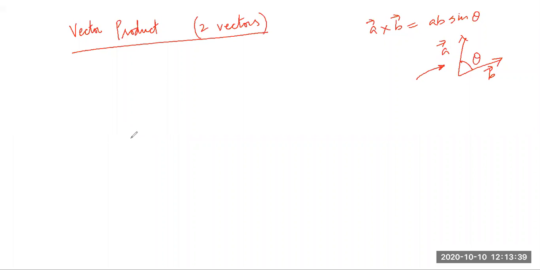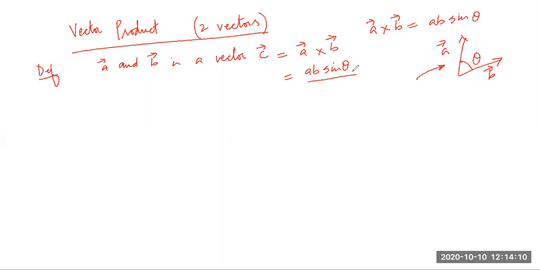Let's see. If you want to define the vector product of two vectors, we say the vector product of two vectors A and B is another vector C, which is equal to A cross B, which is equal to AB sin theta, where theta is the angle between A and B, A is the magnitude of vector A, and B is the magnitude of vector B.